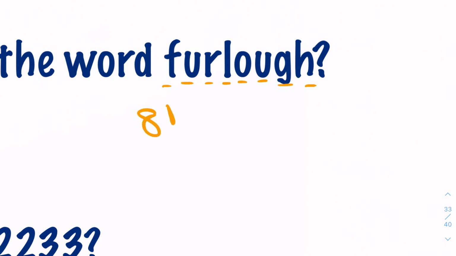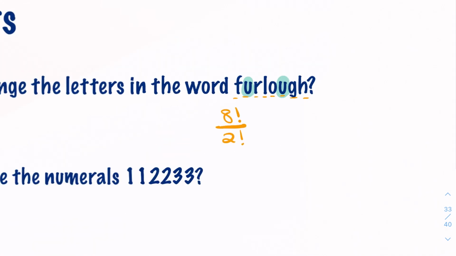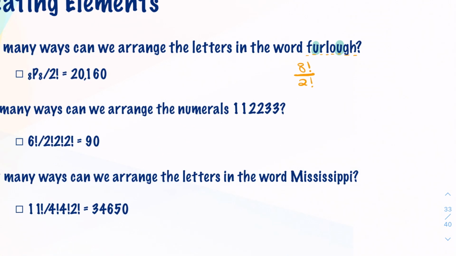So we'd have 8 factorial, and then we have to look for any repeats. So I see I have 2 U's, F doesn't repeat, R doesn't repeat, L doesn't repeat, O doesn't repeat, G doesn't repeat, H doesn't repeat. So it would be 8 factorial over 2 factorial, or 8 permute 8 divided by 2 factorial, whichever way you want to write it.